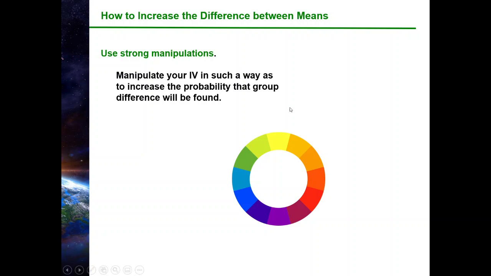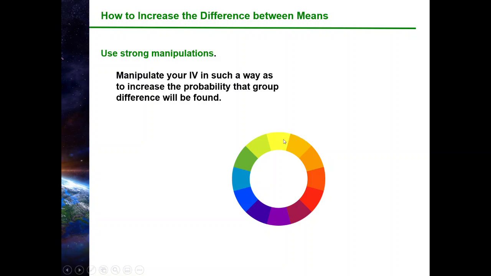If we wanted to look at the effect of color on mood, we could compare this yellow to this orangey yellow. We could compare these two colors to see if one increases or decreases mood more than the other. But this is not a very strong manipulation, because these two colors are fairly similar.